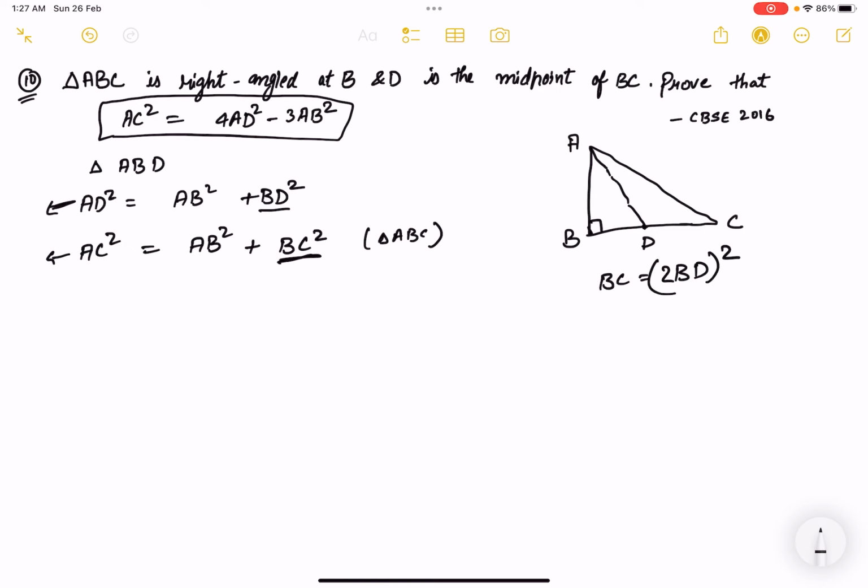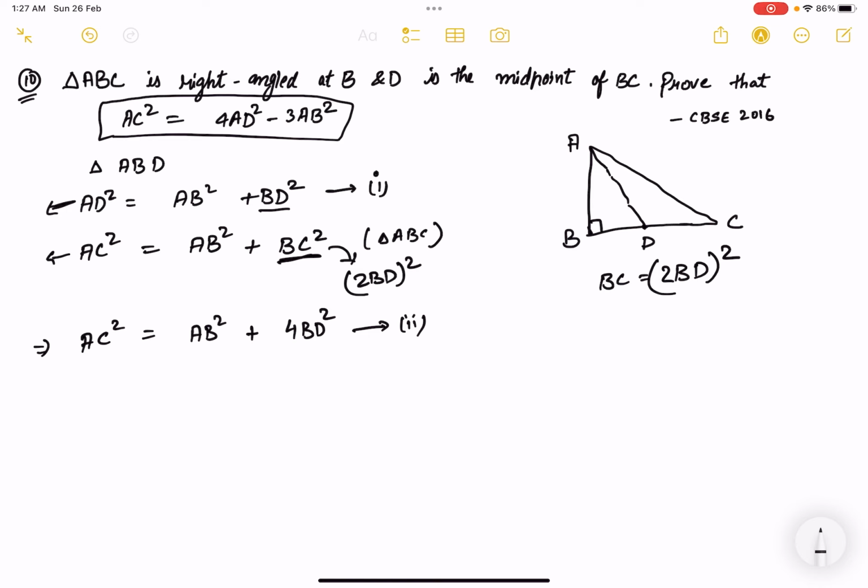So we substitute BC as 2BD whole square. So we will have AC square is equal to AB square plus 4BD square. This is equation number 2 and the other is equation number 1.